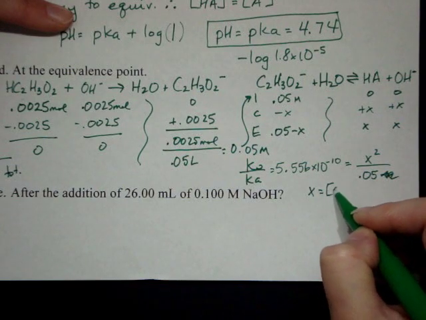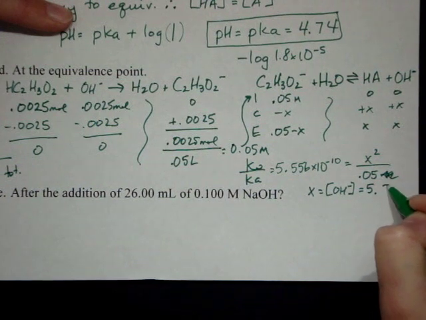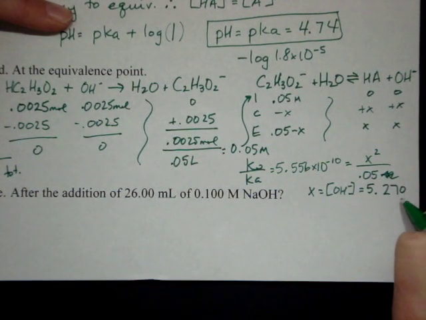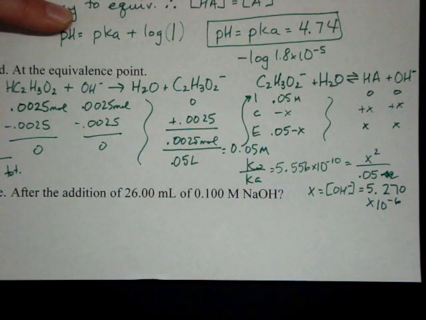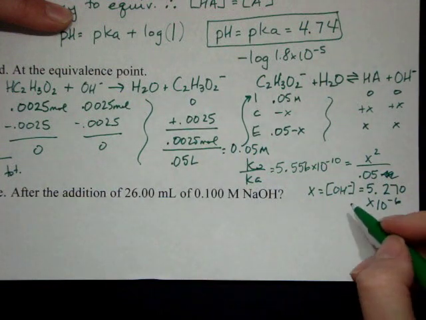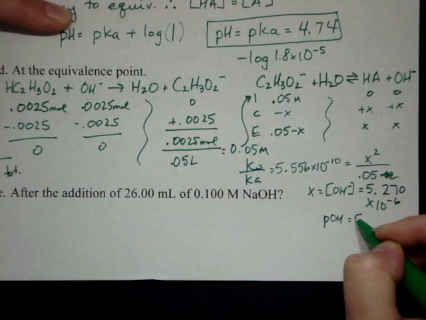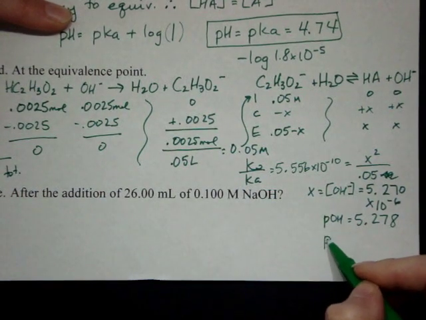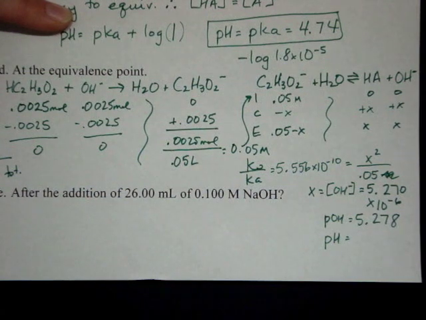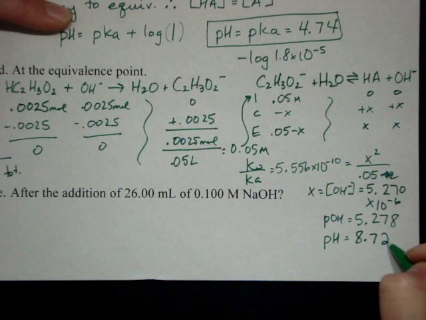So X, which is the hydroxide concentration, is 5.270 times 10 to the negative 6. Then I can get my POH, it's 5.278. And then my pH is 14 minus that, 8.722.